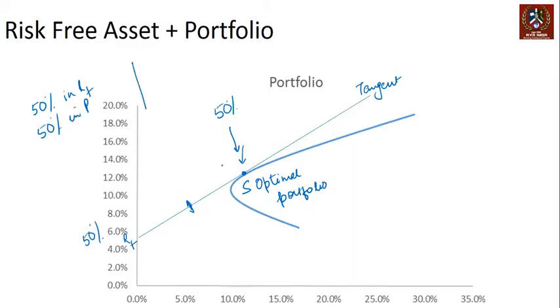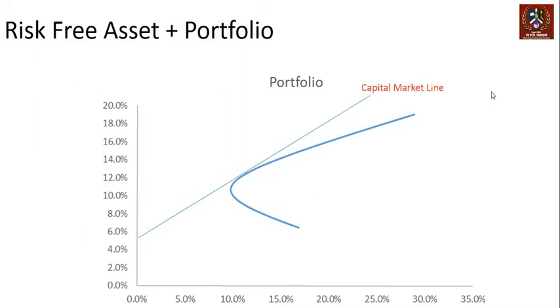The second case is where we have more than 100% in the portfolio. Can we do that? So if we have invested 100 rupees in the risk-free asset and 100 rupees in the portfolio, what's going to be the return? And how does it work if we have, let's say, 100 rupees that we borrow and we invest 200 rupees in the portfolio? Let's first look at the case of what is going to be the return.